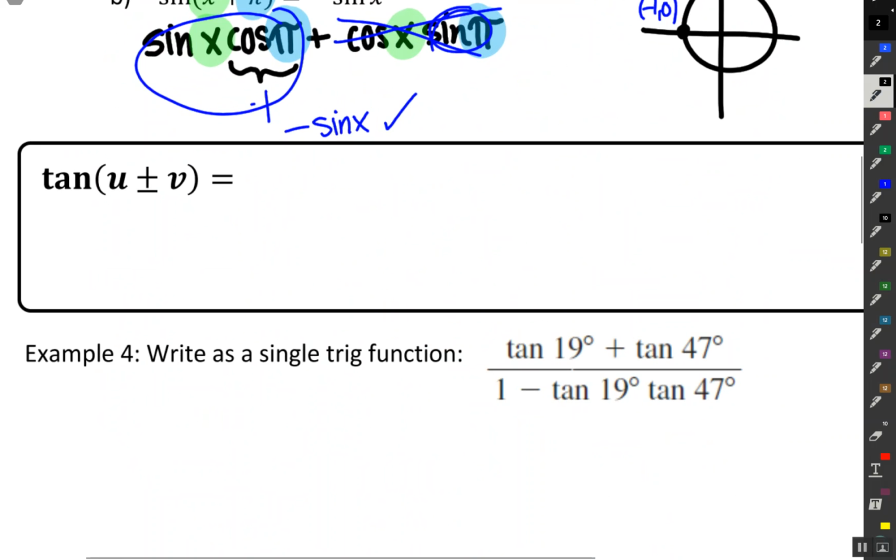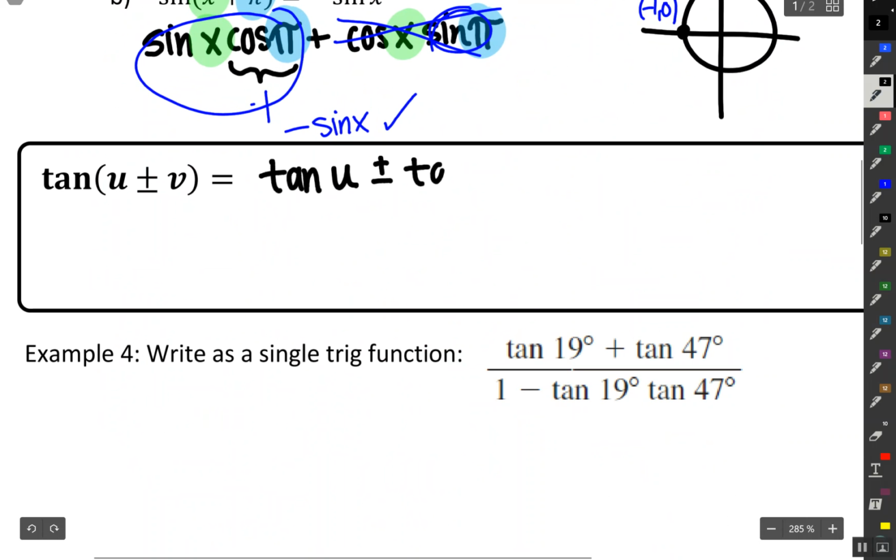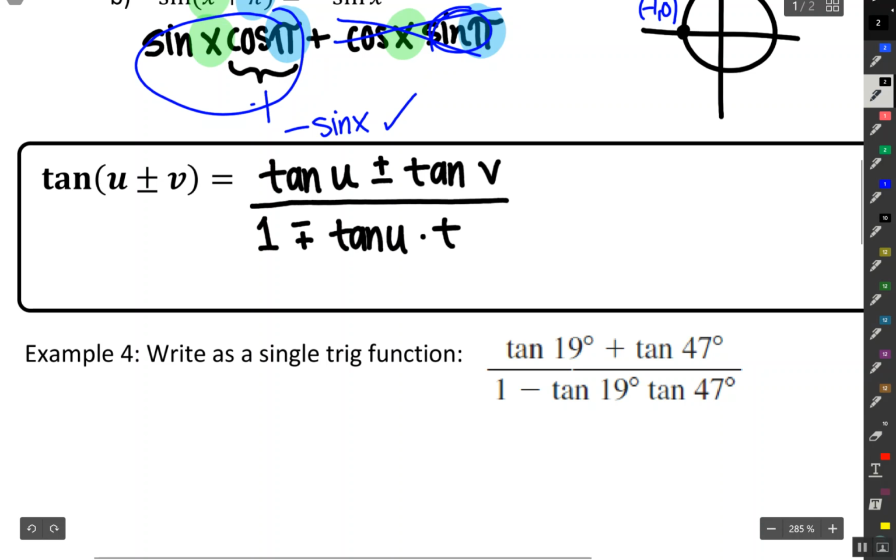Okay, so the tangent of u plus or minus v is going to be the tangent of u plus or minus the tangent of v, all divided by 1, the number 1, minus plus, which means sign swap, the tangent of u times the tangent of v.